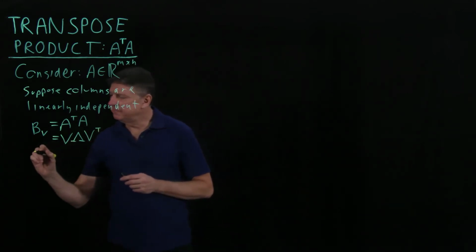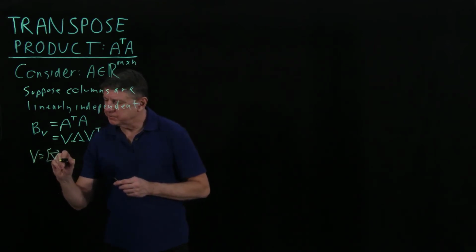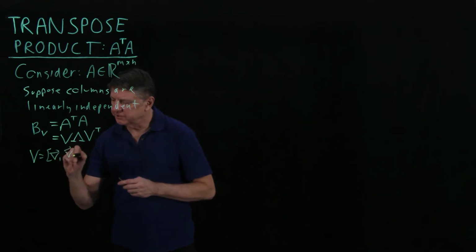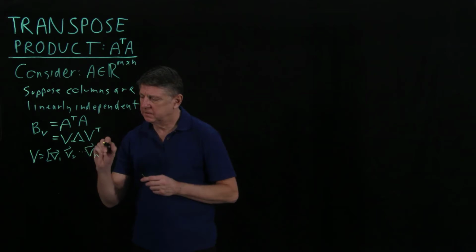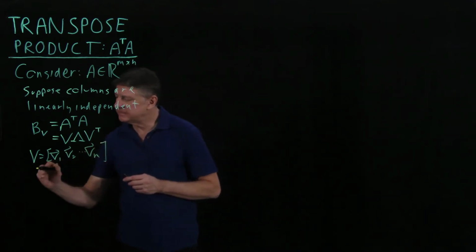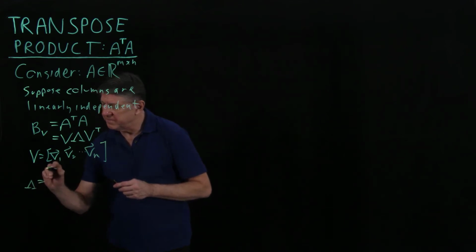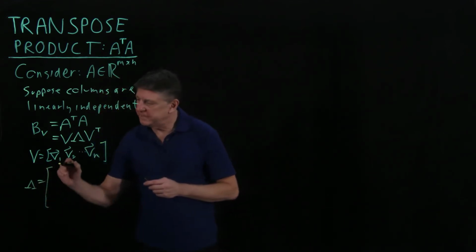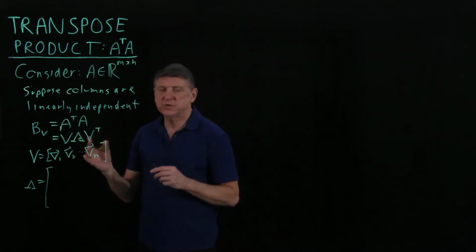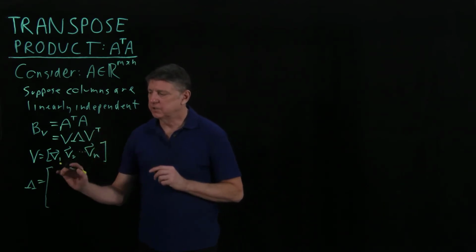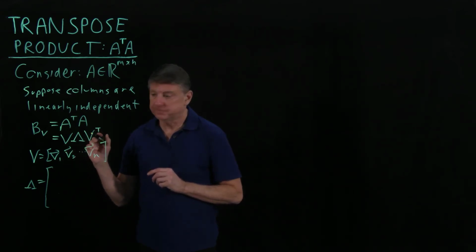So we can write V as the eigenvector basis: vector 1, vector 2, and so on until we have vector n. And in this case, the eigenvalue matrix will be, we can order these in any way we want by using permutation matrices, so we'll order them so that the largest one appears first.